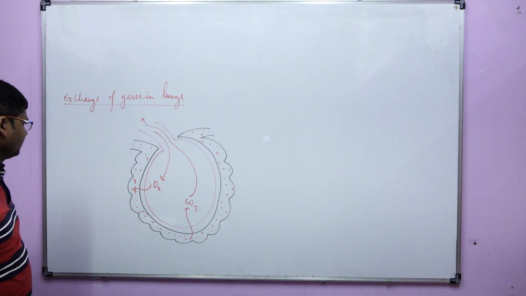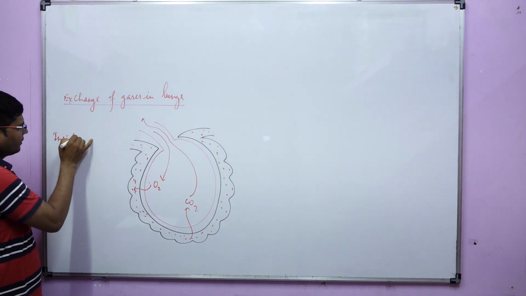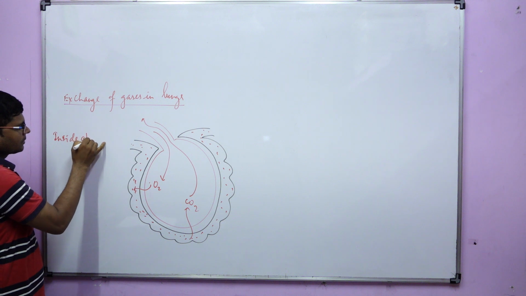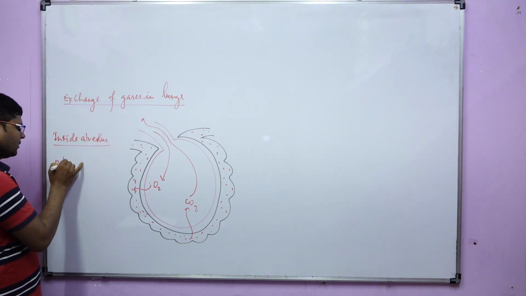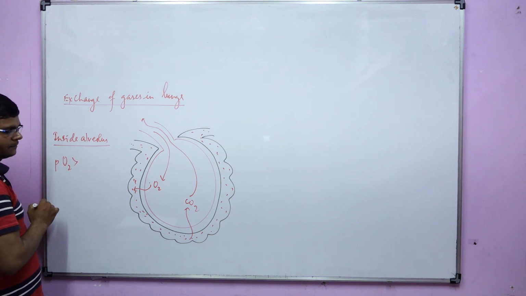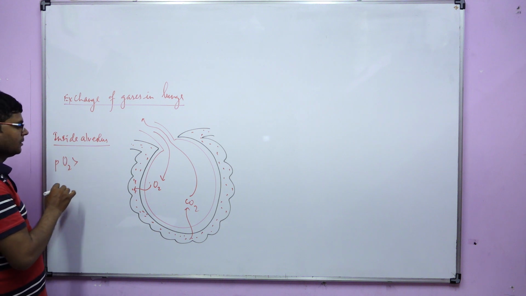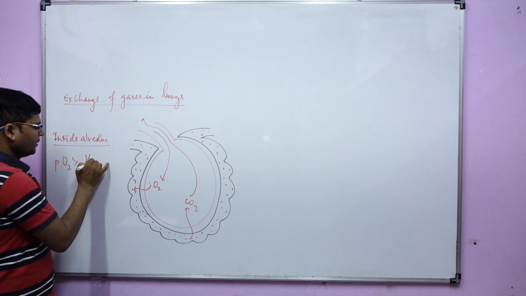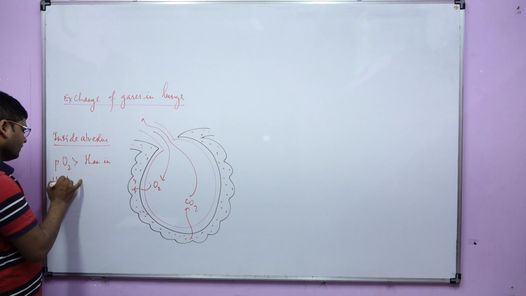So inside the alveolus, partial pressure of oxygen is more than in blood capillaries.